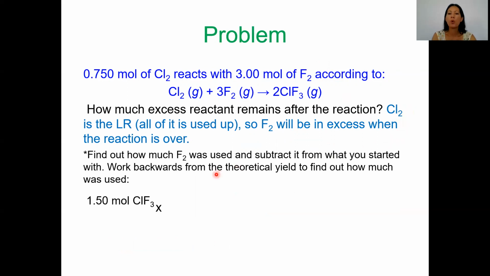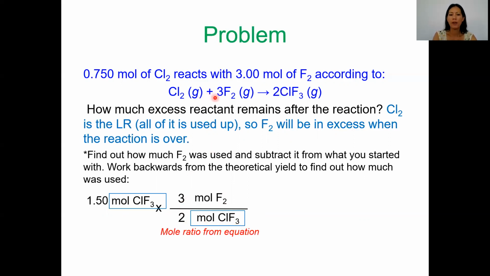And then we're going to work backwards from the theoretical yield. So I show this here, 1.5 moles of chlorine trifluoride, and just use mole ratio, put the moles of chlorine trifluoride on the bottom, and then it's 2 to 3 from the equation. That's mole ratio from the equation. Moles of chlorine trifluoride cancel, and I get 2.25 moles of fluorine. That's how much was used to make 1.5 moles of this guy.